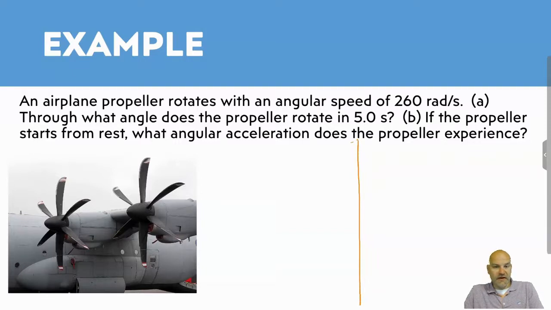Okay, so we're going to use our definition of omega. Omega is delta theta over delta t, and we're going to solve this for delta theta, so this will be omega delta t. We don't have to do any conversion, since it's in radians.